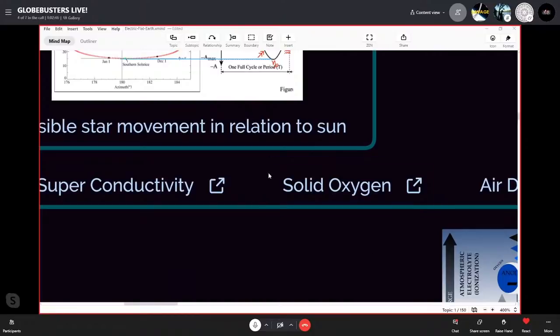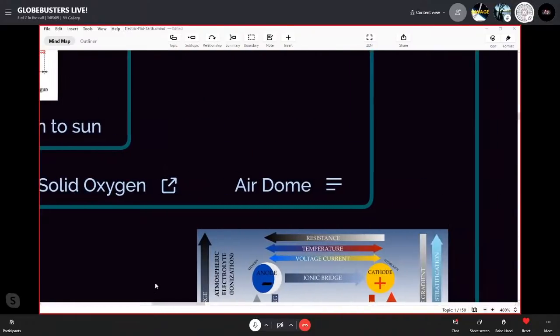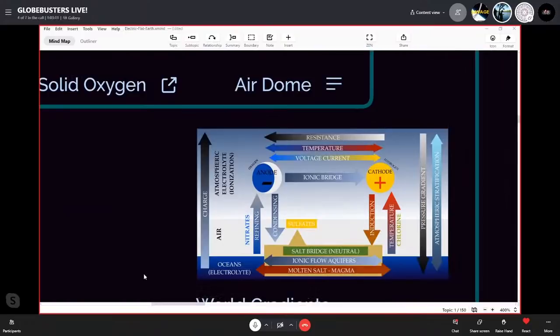Whether it's solid oxygen or nitrogen or one of those lighter gases that start to condense and turn into a crystalline form, you get things like superconductivity as well. So it plays a huge role in supporting how much electrostatics there are the higher up you go.